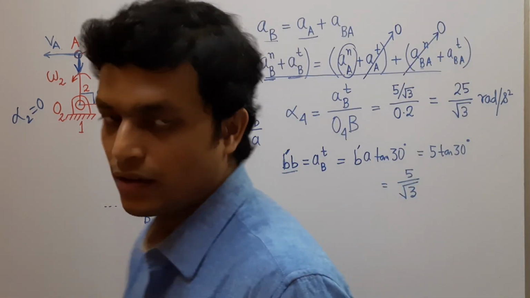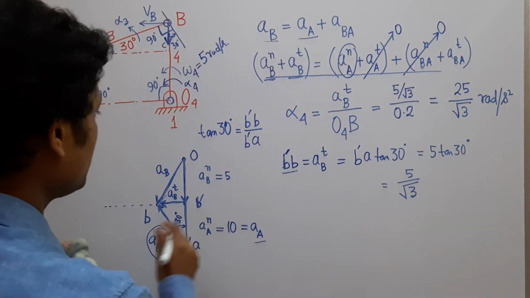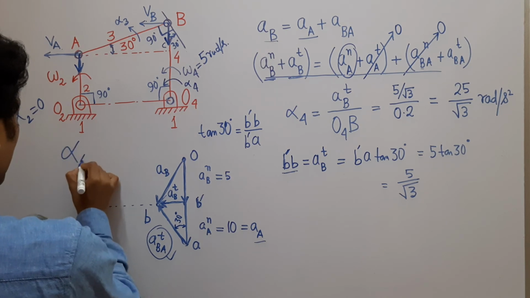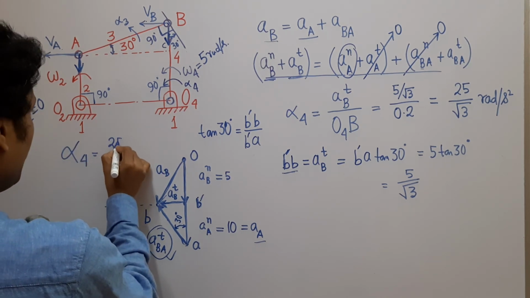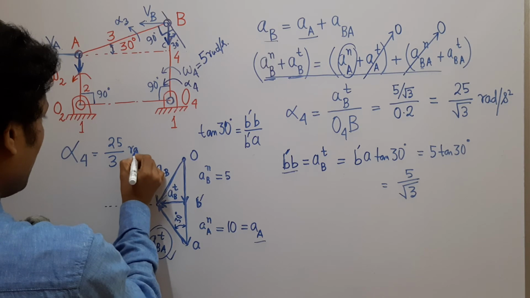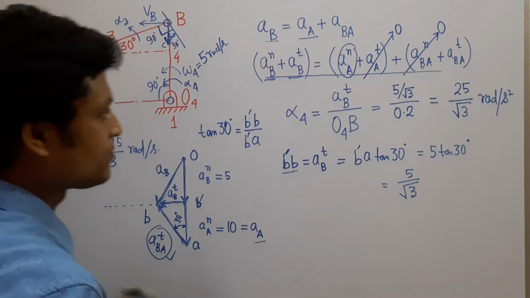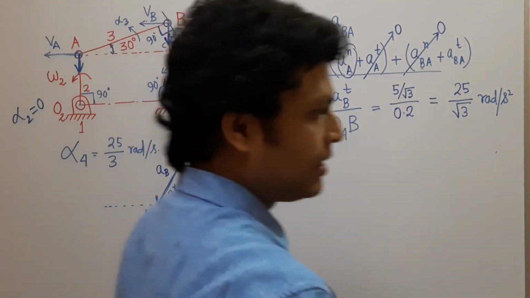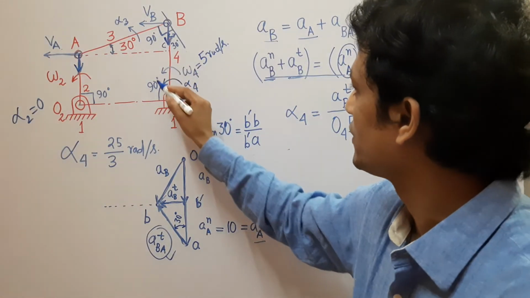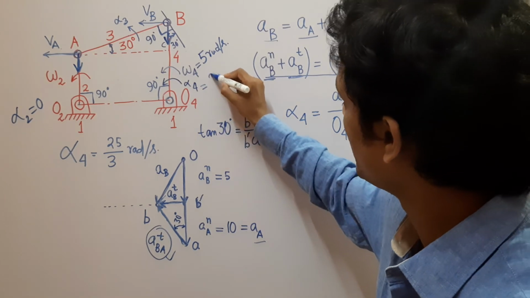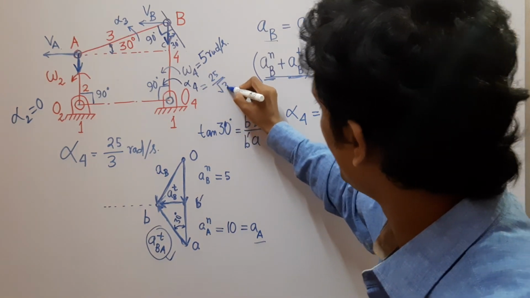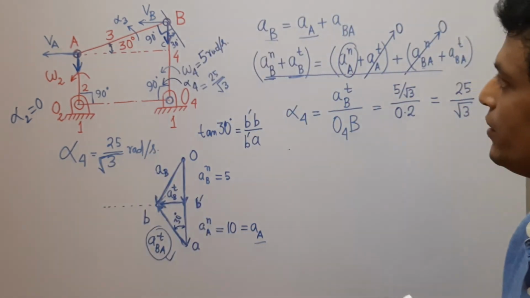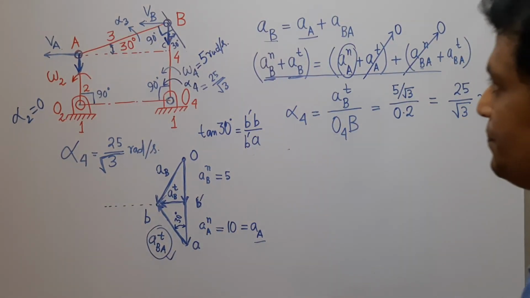So we have determined one of the questions, that is alpha 4, the angular acceleration of link 4, which is 25 by root 3 radian per second square.